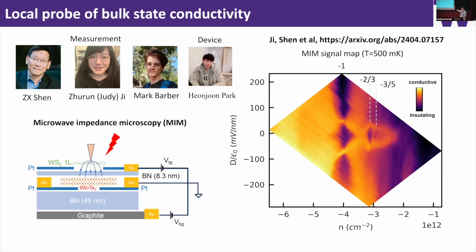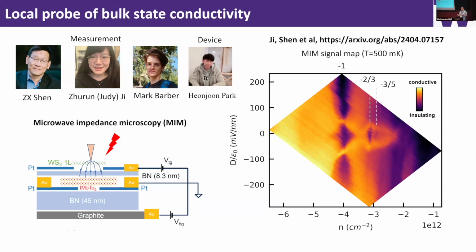On the right-hand side, I show you the measurement of the MIM signal as a function of electric field on the vertical axis, and carrier doping on the horizontal axis. In this color plot, the dark color means insulating and the bright means the sample is conducting. You can clearly see that near zero electric field, you have insulating phases at filling factors -1, -2/3, and -3/5.